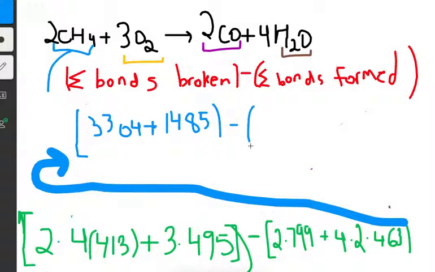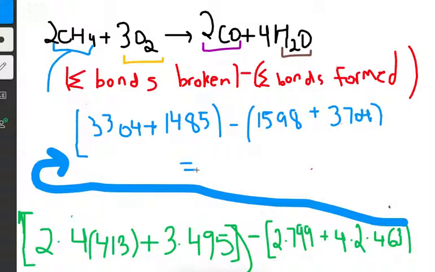Subtracted from 2 times 799, which is 1,598, plus 4 times 2 times 463, so 3,704.